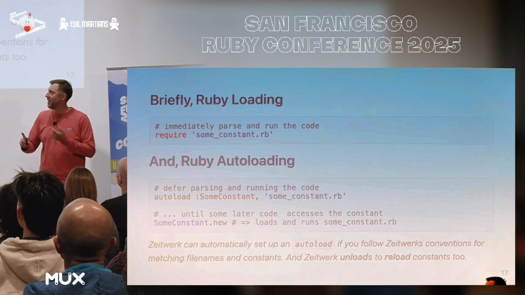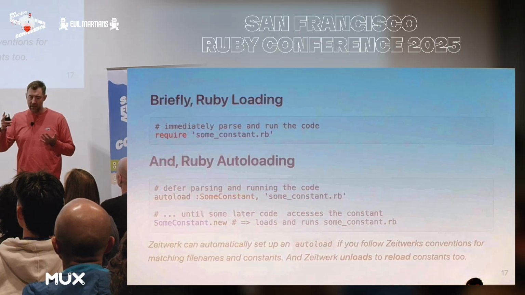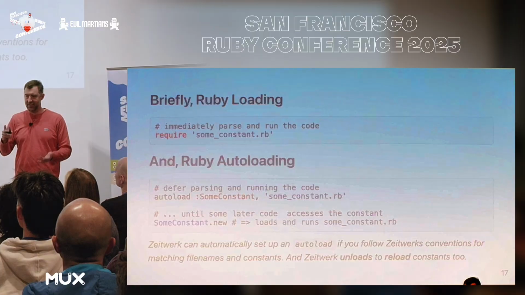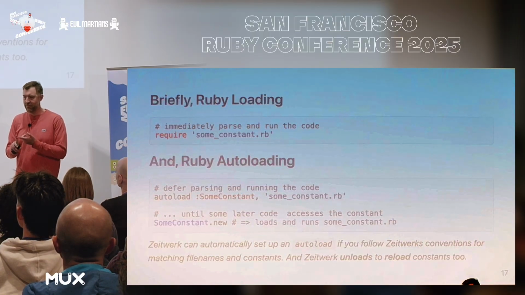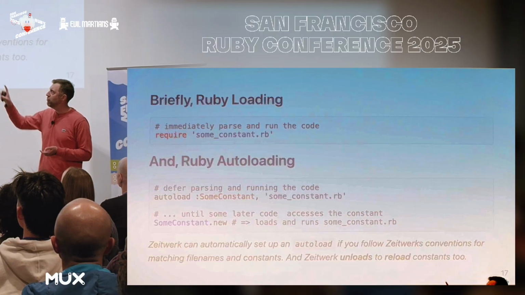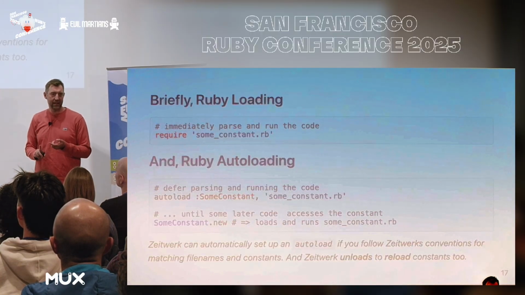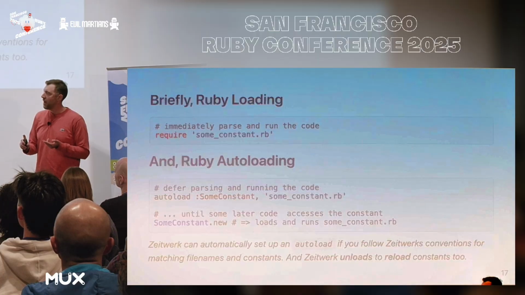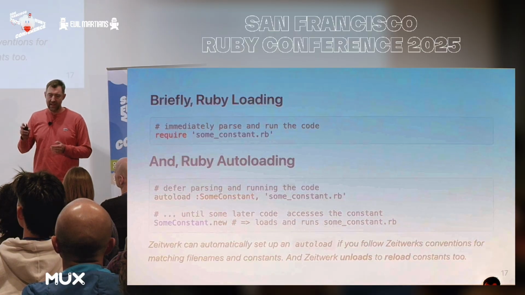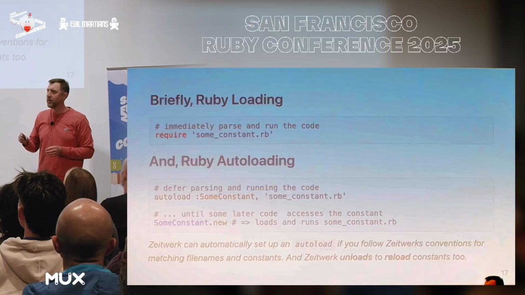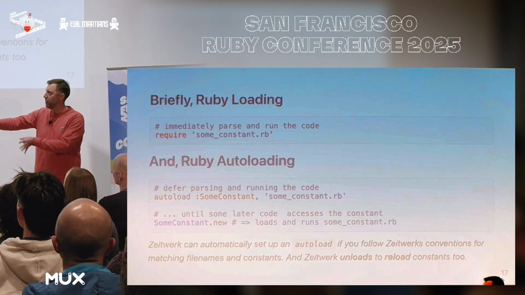I mentioned that in Ruby there are two ways to load code. You can load it in a static, immediate way where you write require, require_relative, or maybe even load. At the moment that gets run, it will load the file with the code in it.